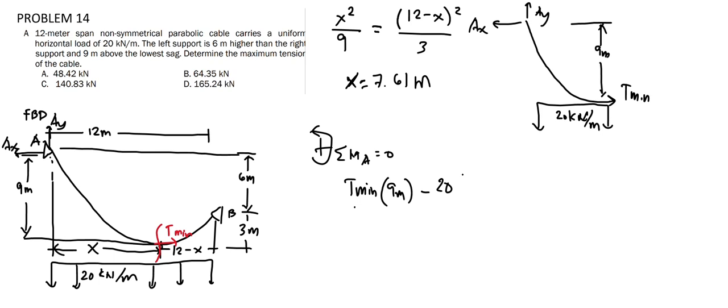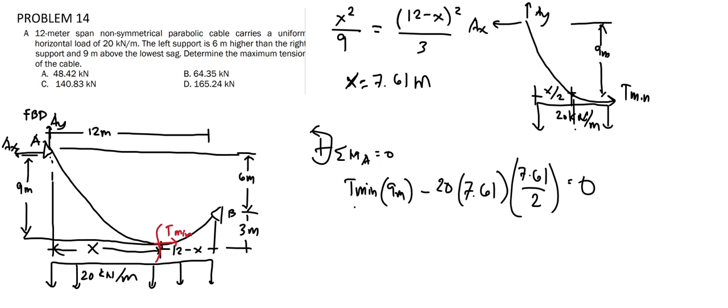This is 20 times the value of x, that is 7.61, multiplied by the moment arm distance going from the center of the uniformly distributed load, that is 1/2 of x, equal to 0.